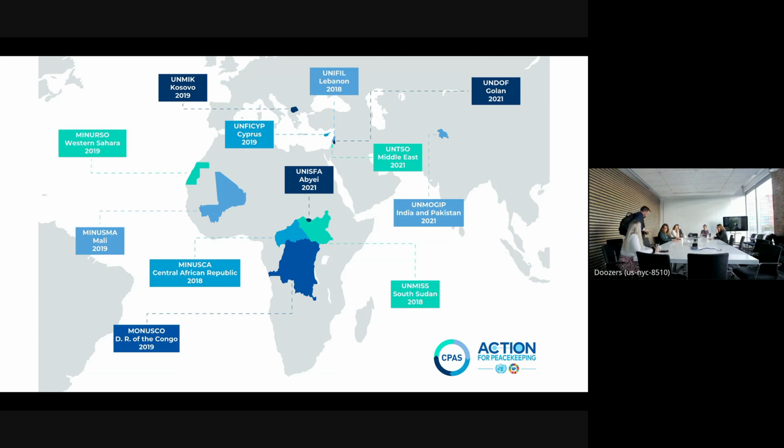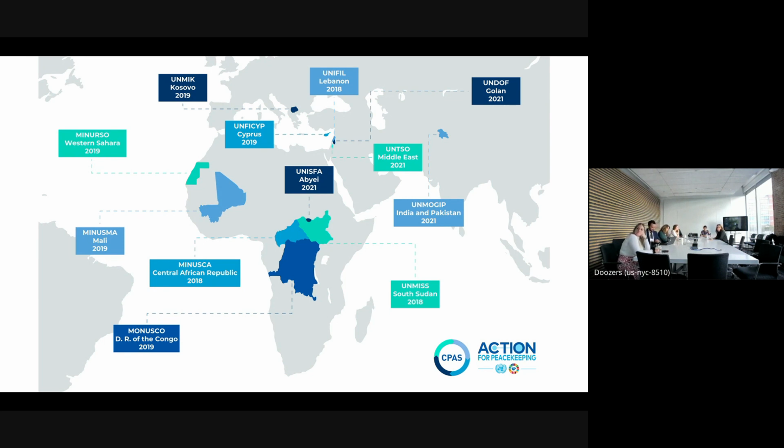Thanks. So I know there's a real mix of people here, both inside the UN and outside. Some of you are very familiar with peacekeeping operations, some aren't. So just to give you, for those of you who don't know, an idea of the scope of peacekeeping, on screen you can see all our missions around the world, and the dates below them are the dates that they joined the CPAS.